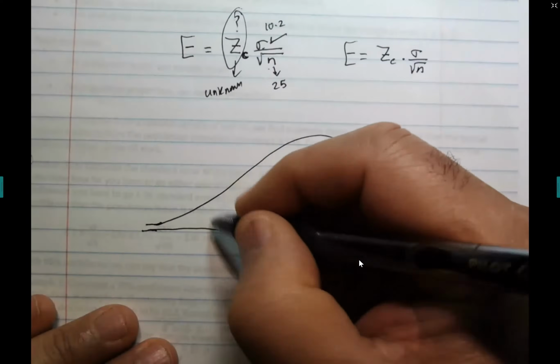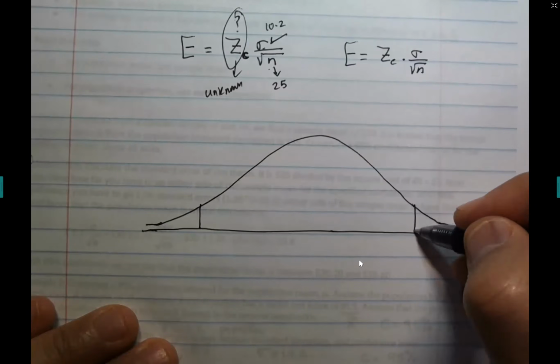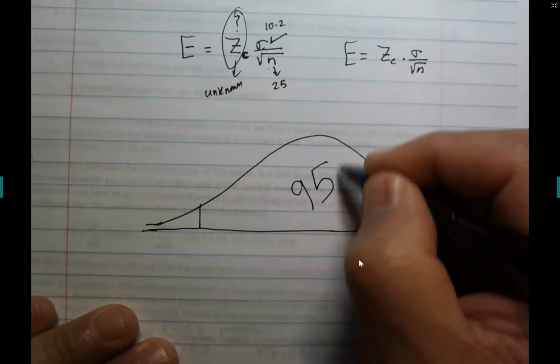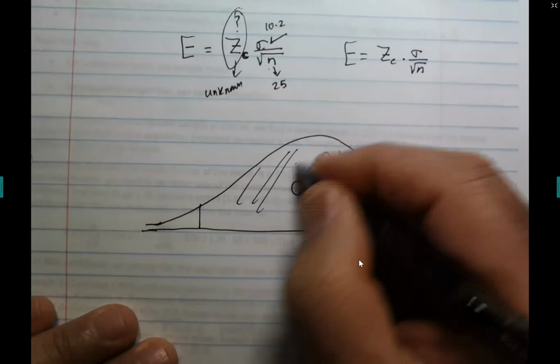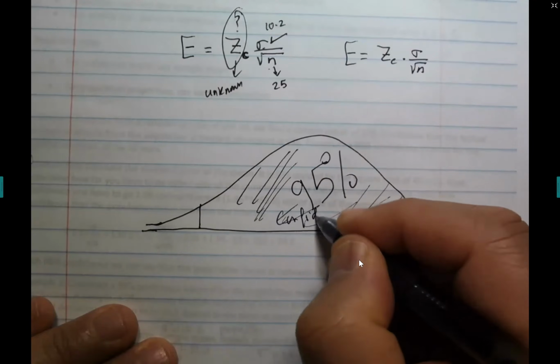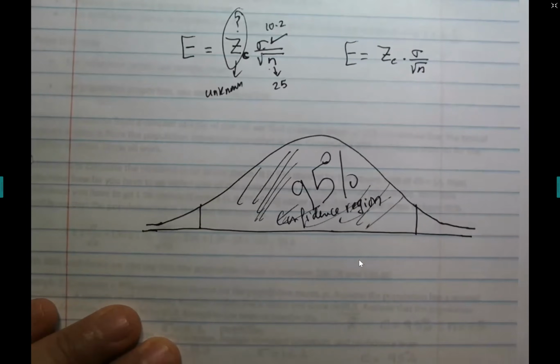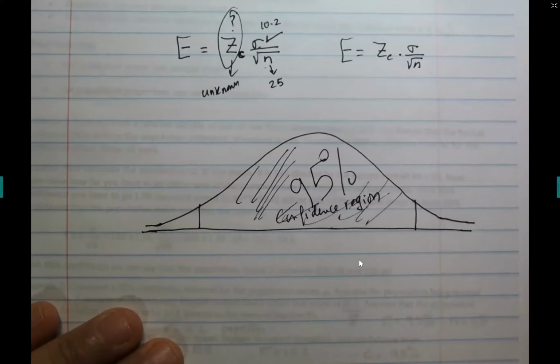Okay, the confidence level in this problem is 95% confidence. So this is the 95%. This is the confidence region. Okay, so we have a 95% confidence region. What percent is not a confidence region? 5%.